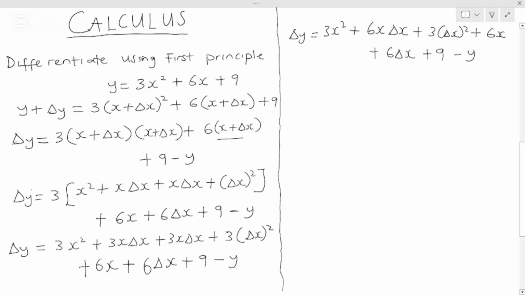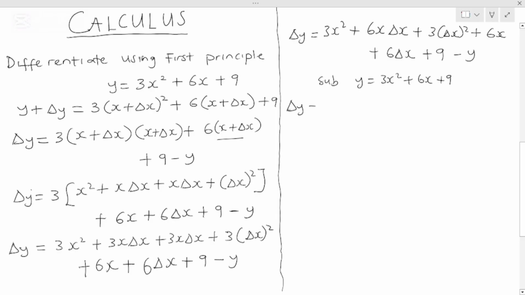Alright, so we record that y is what? 3x squared plus 6x plus 9. So we substitute y is equal to 3x squared plus 6x plus 9 back into the equation.